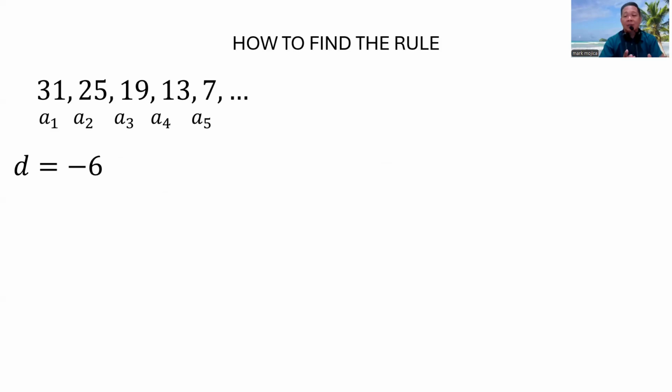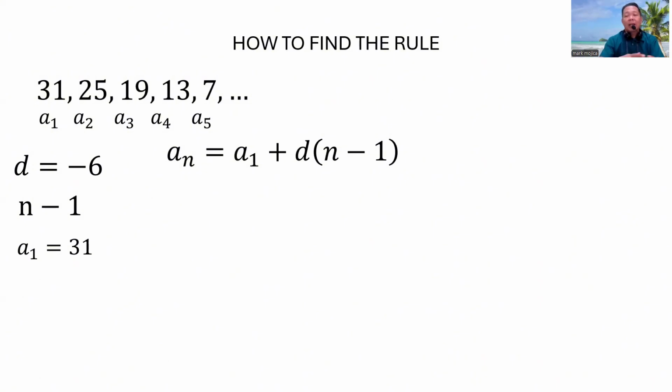So ito ay isa sa mga ingredients to find the rule. The next is what we call the fixed n minus 1. Okay, and also the last is the first term where a sub 1 is equal to 31. So, what are we going to do? Apply the formula of a sub n is equal to a sub 1 plus d multiplied by n minus 1.